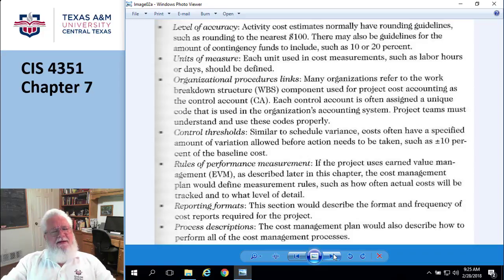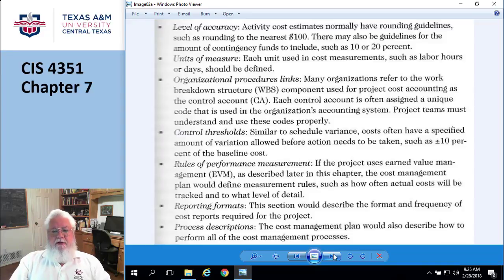When you're doing a budget, I wouldn't go down that far. Rounded to the nearest $100 would probably be okay. However, there could be some guidelines in your organization that say to the contrary. But outside of that, you need to determine, when you're putting together your plan, what level of accuracy you want in your estimate.